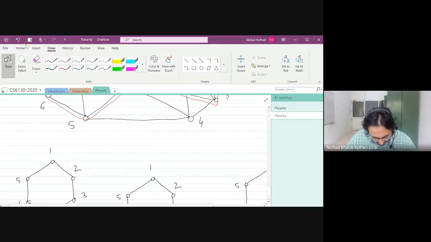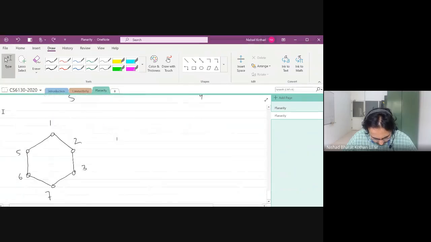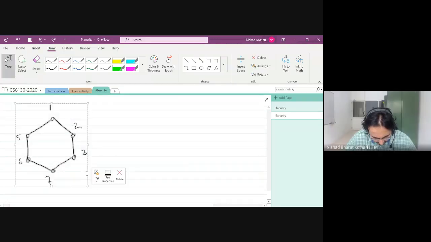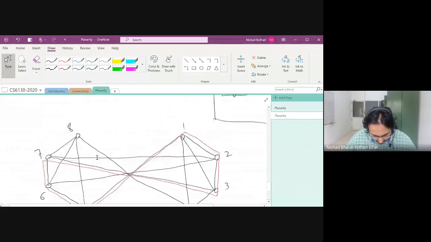In the meanwhile, I'm going to make some copies of this. Can you show us the original graph once again? Oh yes, sorry. Give me just 1 second. I'm going to show it to you. Okay, this is the original graph.